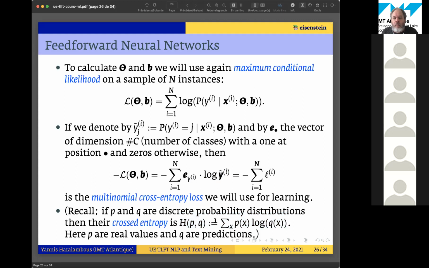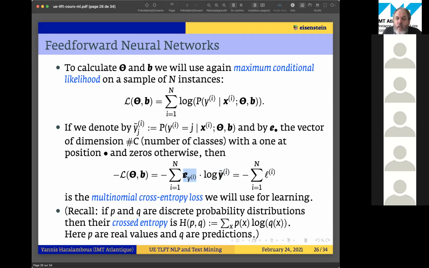And if they are close to each other, you will have a low cross entropy. Now, this is a cross entropy, and the probability distributions I have are this y_i and tilde y_i. What are these?